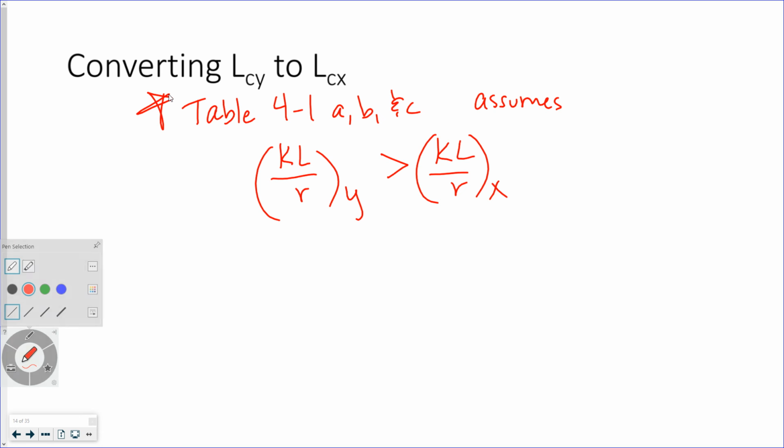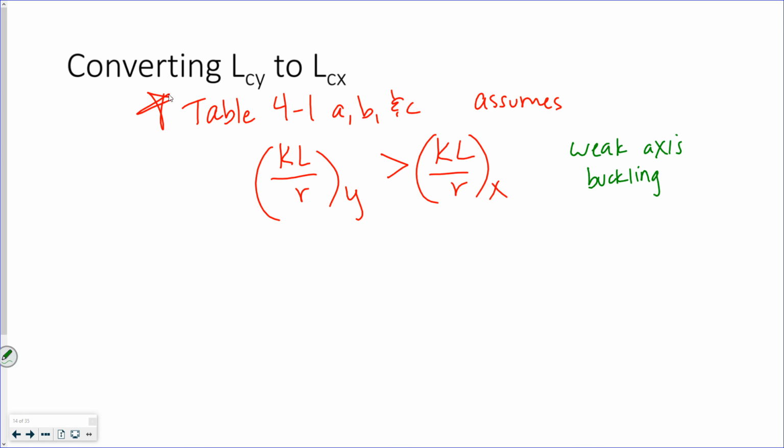That means weak axis buckling controls. Whatever has the highest slenderness ratio, if it's more slender in one direction than the other, that's the direction that it's going to buckle first. So those tables assume that it's going to buckle about that y-axis.